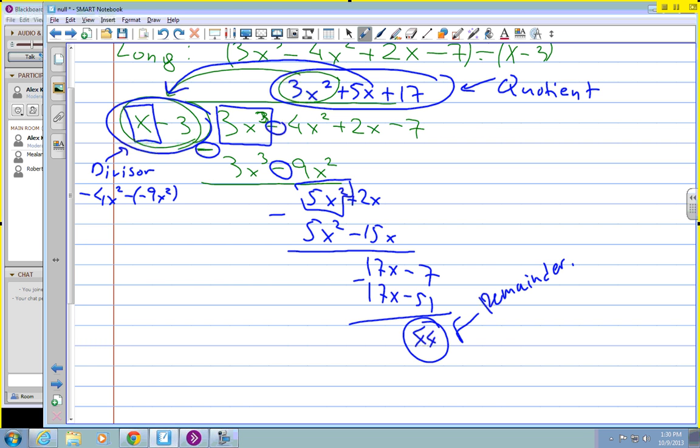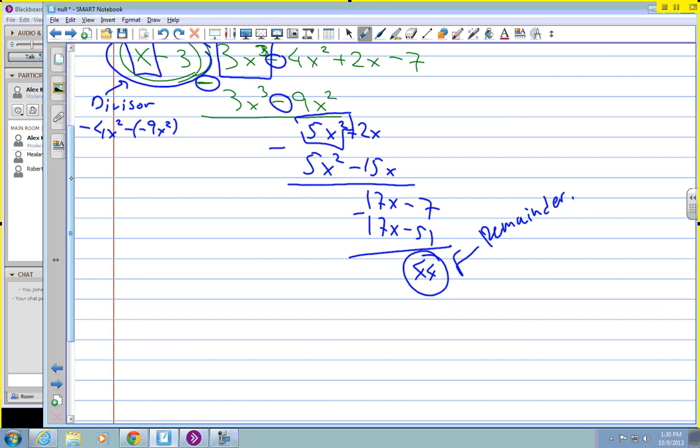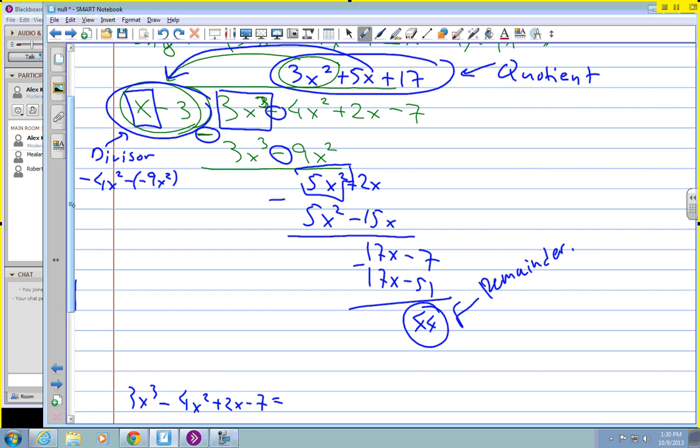So my polynomial, 3x cubed minus 4x squared plus 2x minus 7, can be written as the product of x minus 3, that's the divisor, and the quotient, 3x squared plus 5x plus 17, plus the remainder, which is 44.